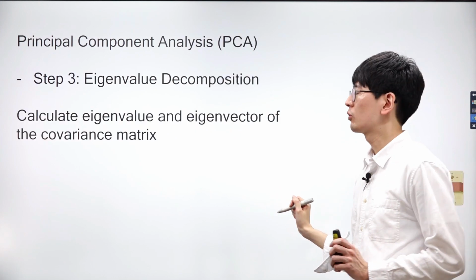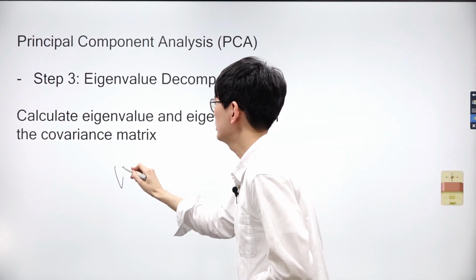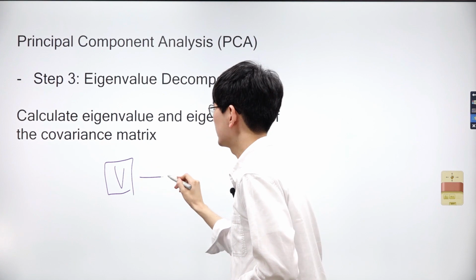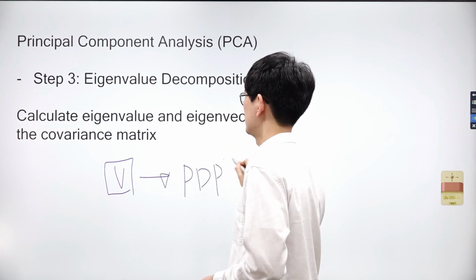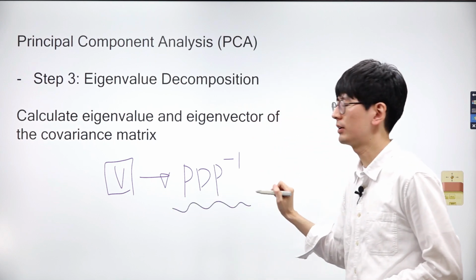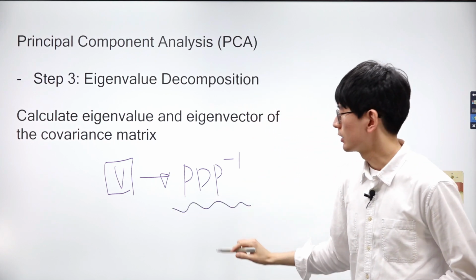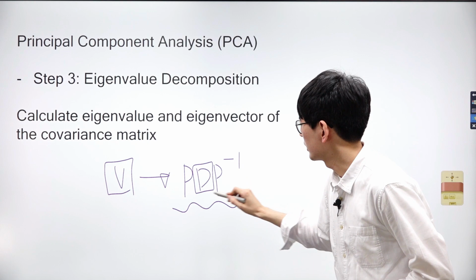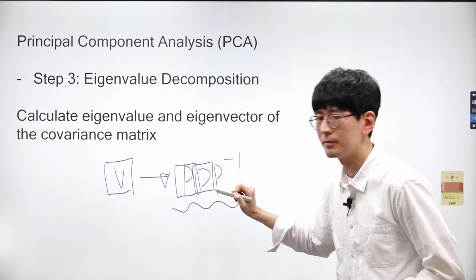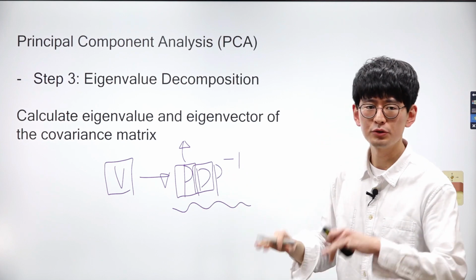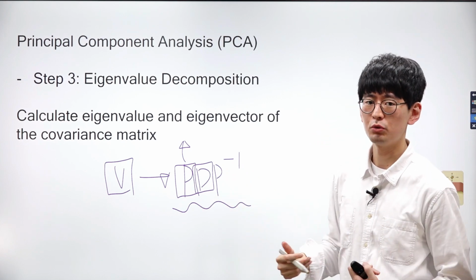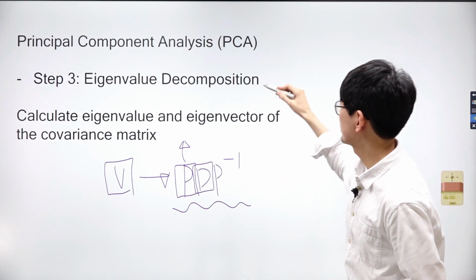Suppose we have a covariance matrix V. After we find the eigenvalues and eigenvectors of this matrix, we can decompose it using matrix diagonalization. In the matrices P and D, which contain the eigenvectors and eigenvalues respectively, we can find information about the variances of the data, since the covariance matrix shows how data relate to each other.